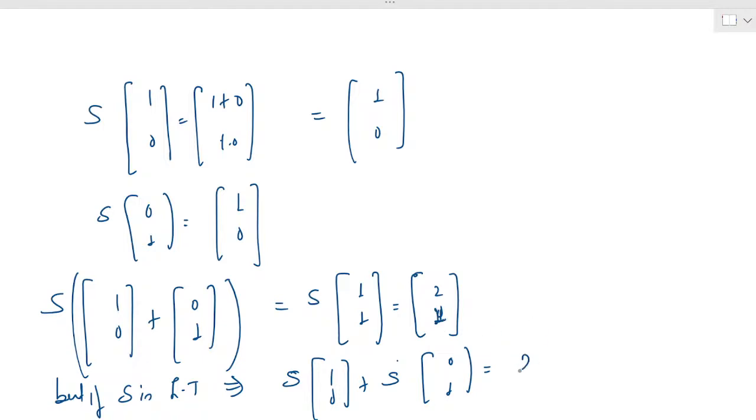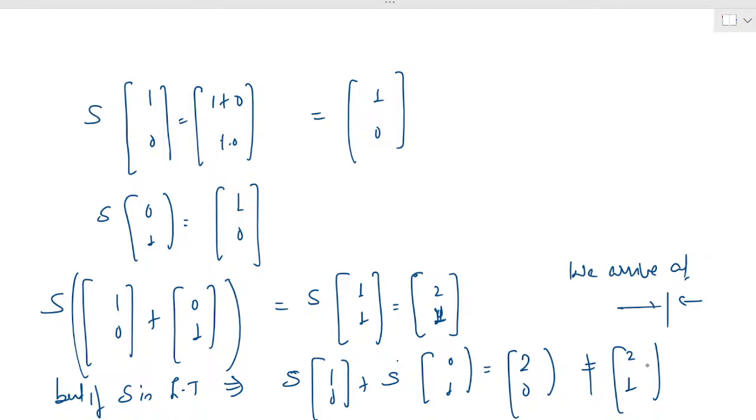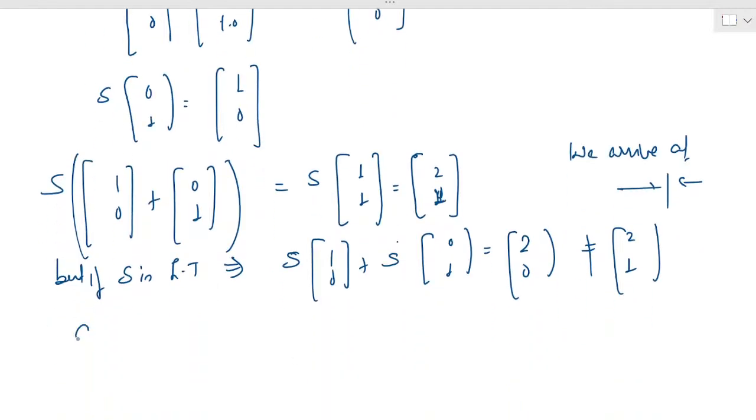Then it should be equal to (2, 0), which is not equal to (2, 1). So therefore, we arrive at a contradiction. So I have contradicted it. Therefore, we can say that S is not a linear transformation. I hope it is clear till now.